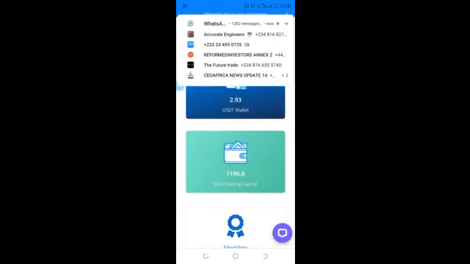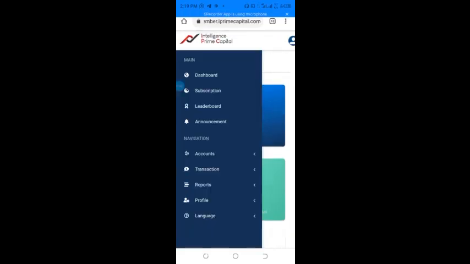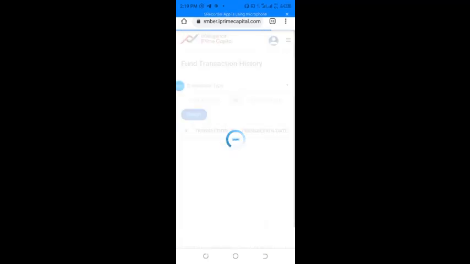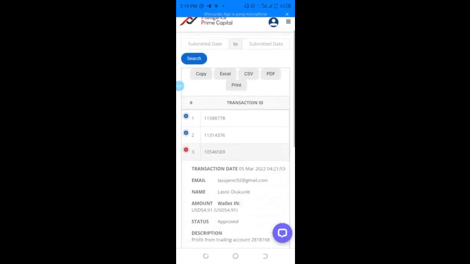So $53 was withdrawn, but $3 is for the transaction fee. So I received $50 in my wallet address, as you can see.